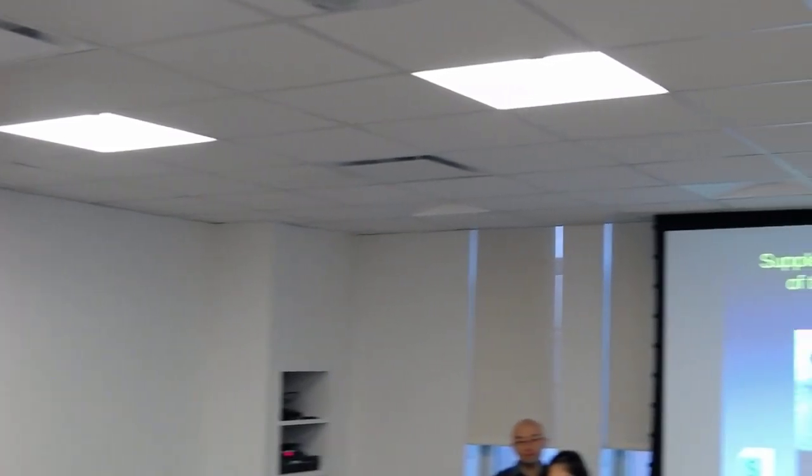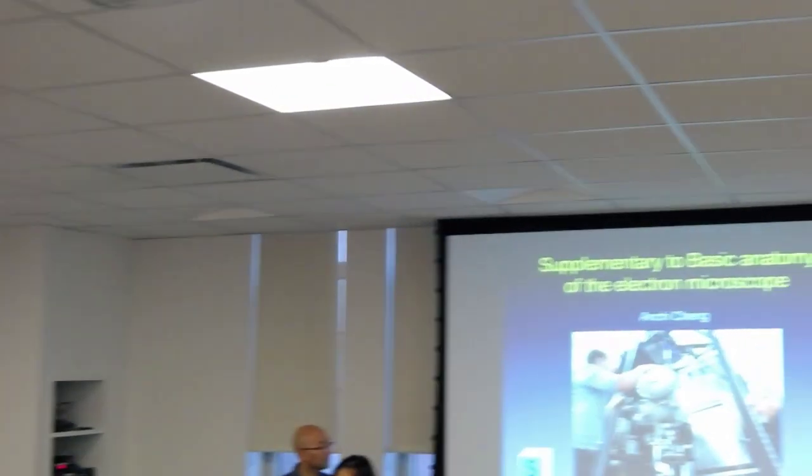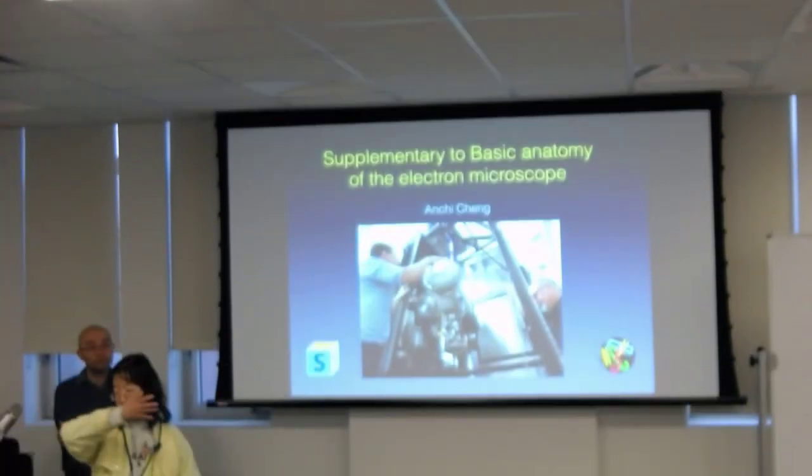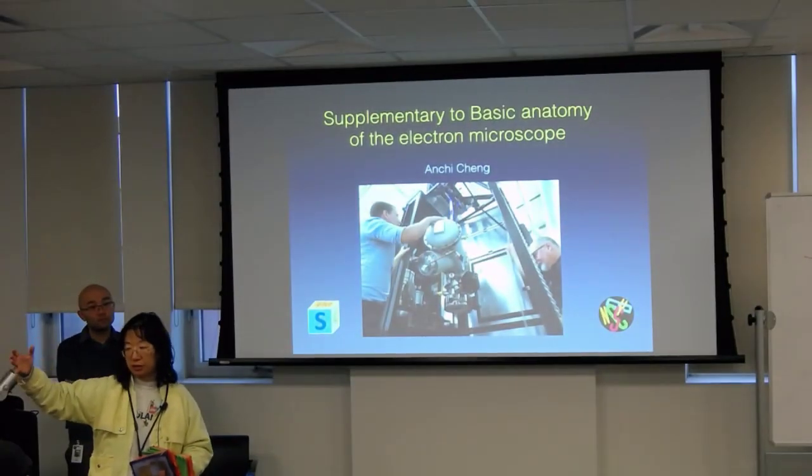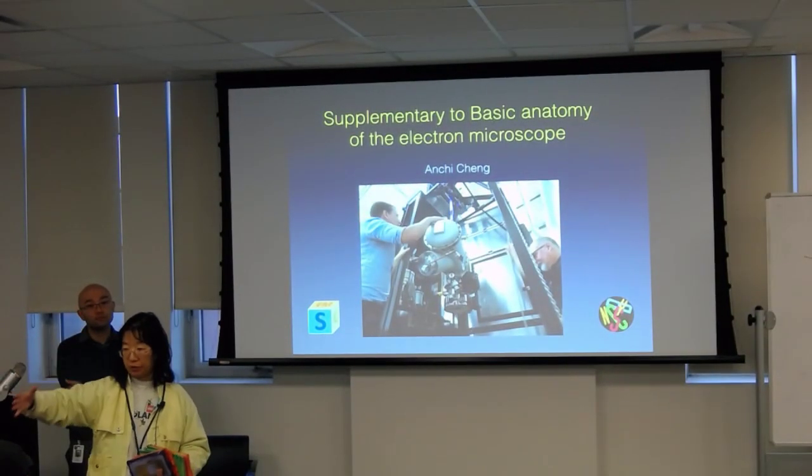So the reason that the cold field emission is not being used, there are several reasons actually. One is that it's more expensive. It's a technology that's more expensive. The second one is that the intensity it gives out is not as consistent. It will decay pretty quickly.